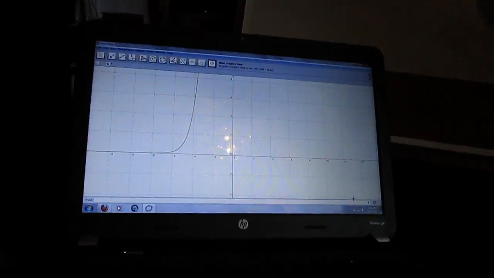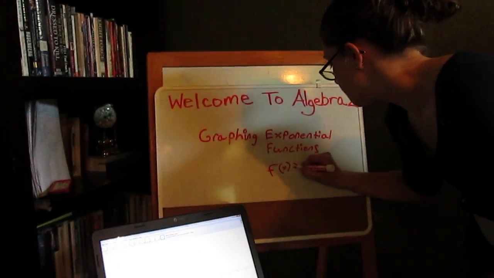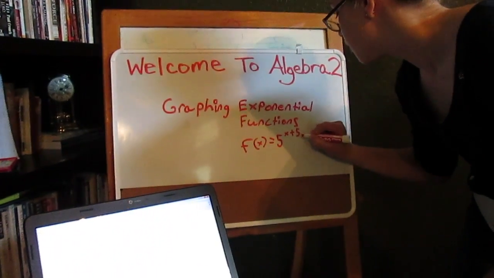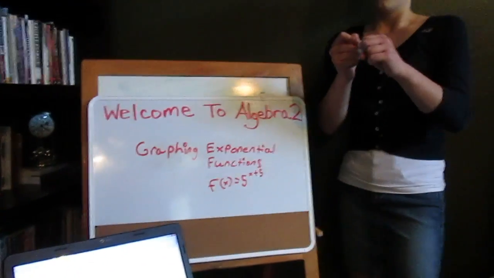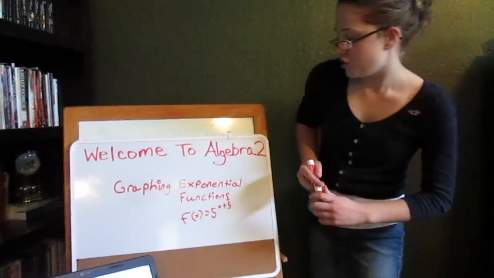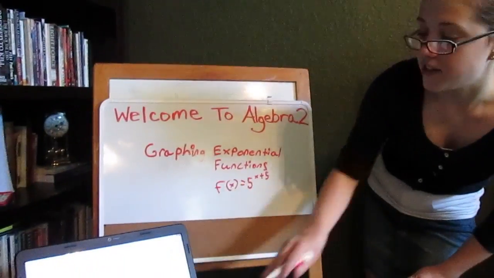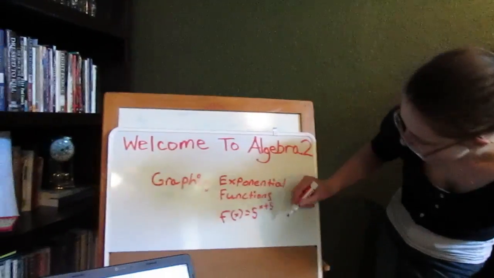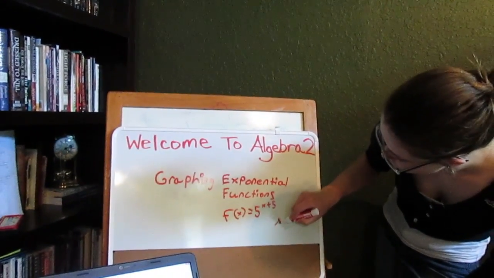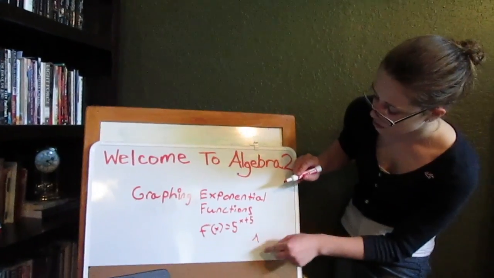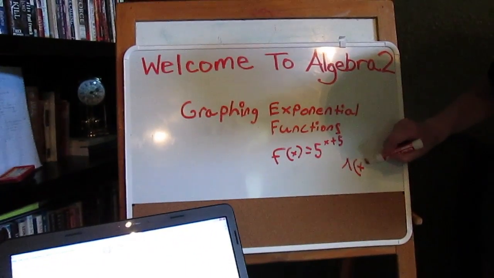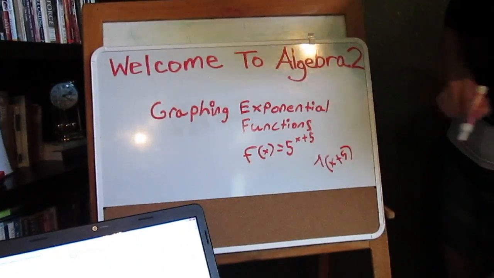For example, say you have the function f of x equals 5 to the power x plus 5. To graph this on GeoGebra, you're going to enter f of x in the input bar at the bottom of the screen equals 5, and after you add 5, so that the computer knows it's an exponent, add the to the power sign, like this, and then enter the parentheses around the exponent, x plus 5.